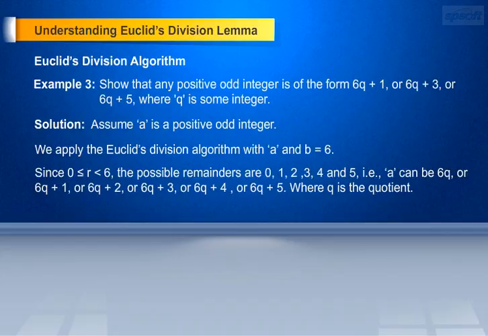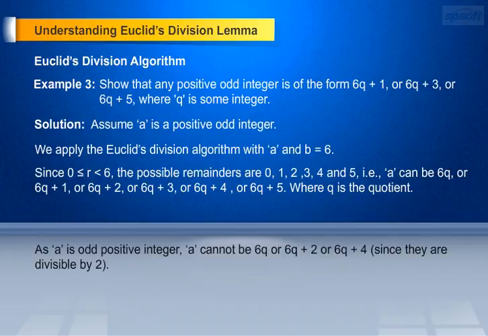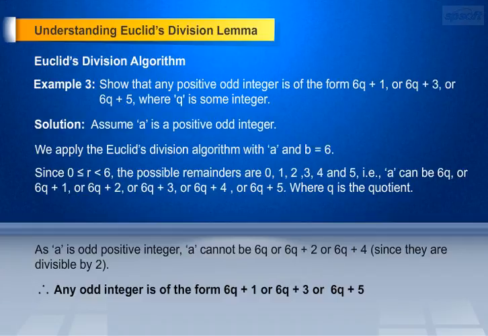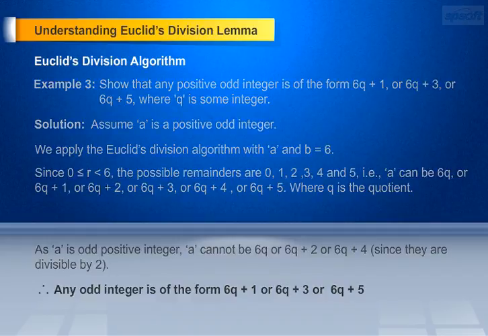Since 0 is less than or equal to r, less than 6, the possible remainders are 0, 1, 2, 3, 4, and 5, that is, a can be 6q, or 6q plus 1, or 6q plus 2, or 6q plus 3, or 6q plus 4, or 6q plus 5, where q is the quotient. As a is an odd positive integer, a cannot be 6q, or 6q plus 2, or 6q plus 4, since they are divisible by 2. Therefore, any odd integer is of the form 6q plus 1, or 6q plus 3, or 6q plus 5.